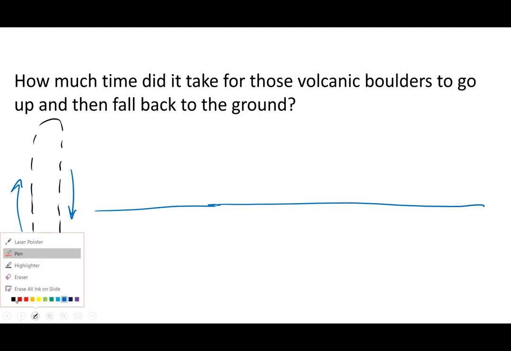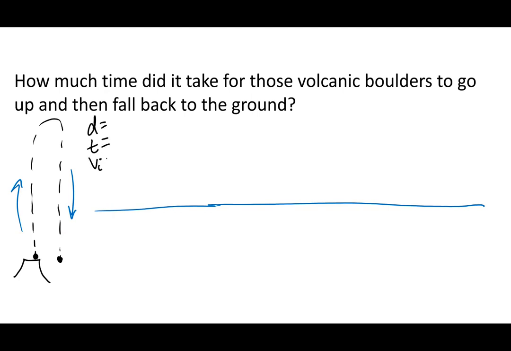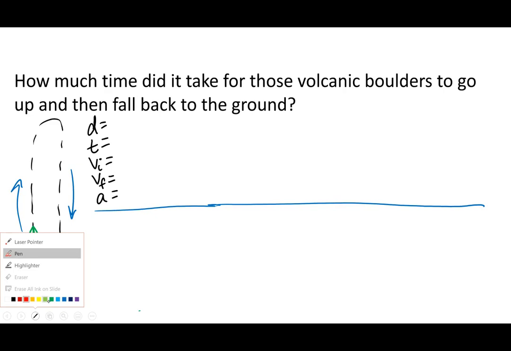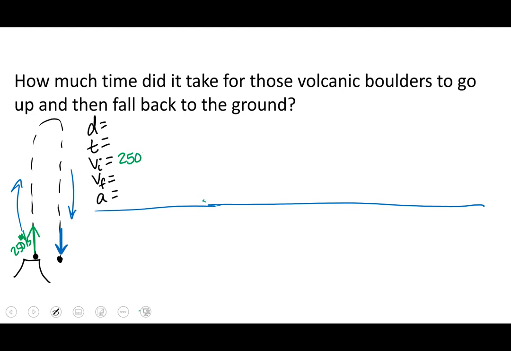Givens: D, T, VI, VF, and A. The first one I'm going to do is going up at 250 meters per second and coming back down all the way to the ground, or to the same height. So the initial velocity would be 250 meters per second.